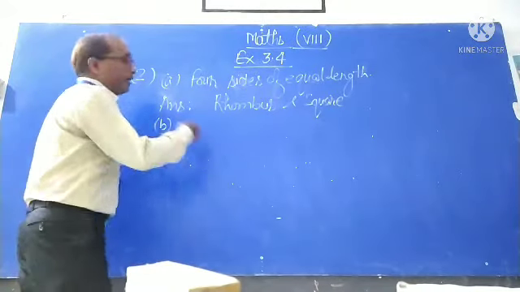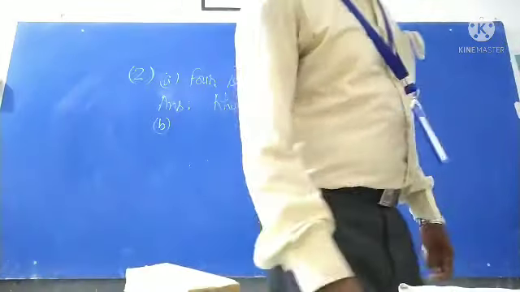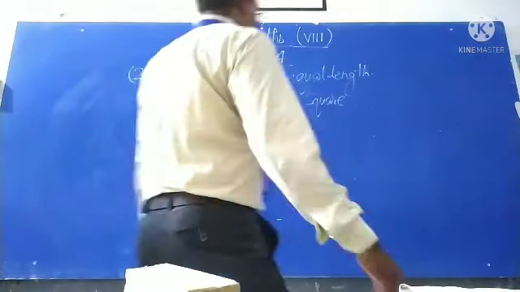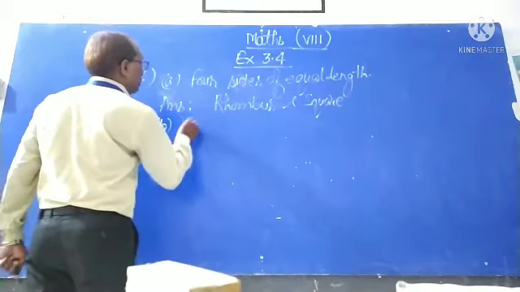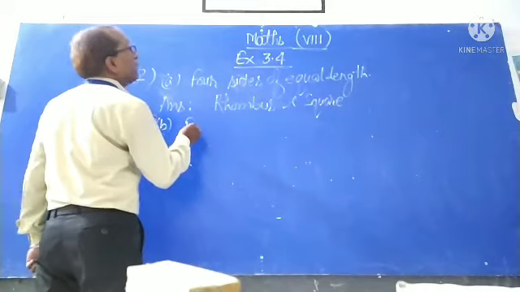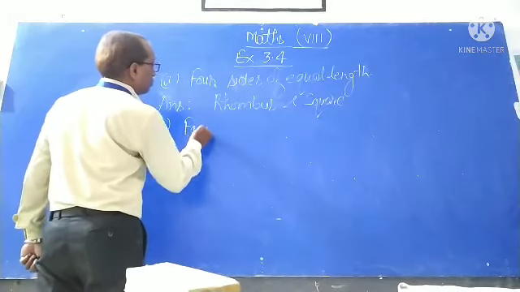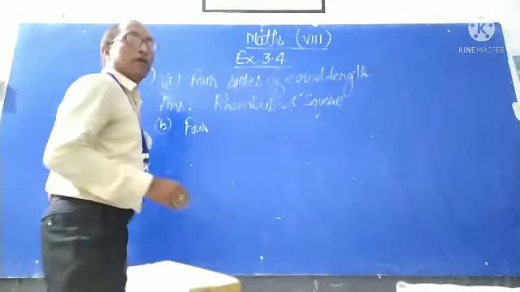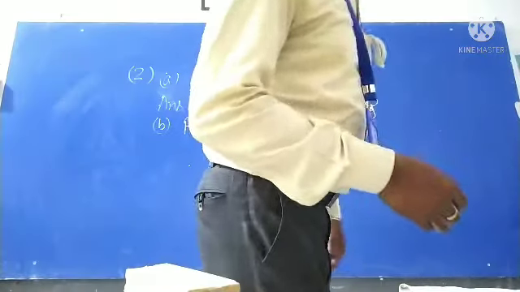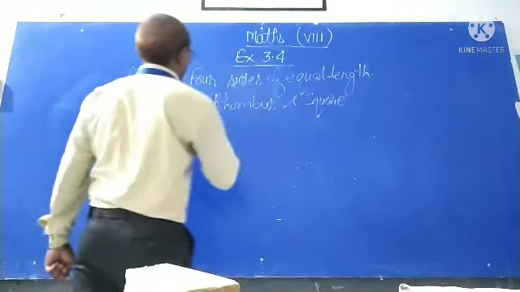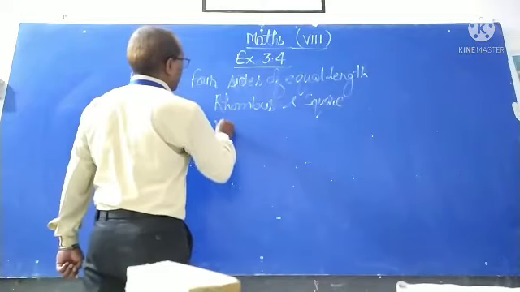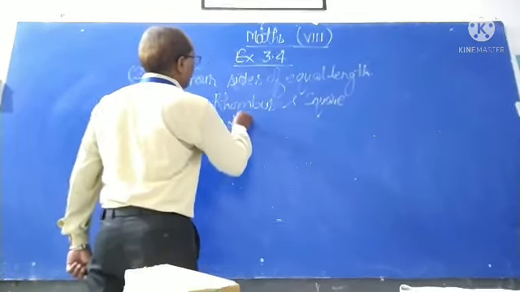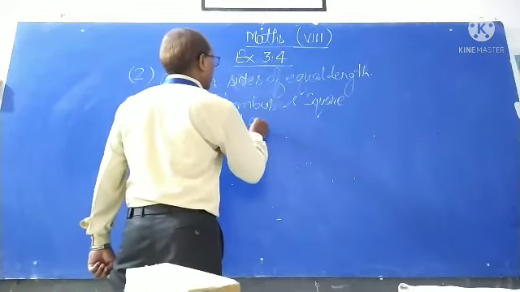Then question number B. Four right angles. You write down the name of the quadrilateral which has four right angles.